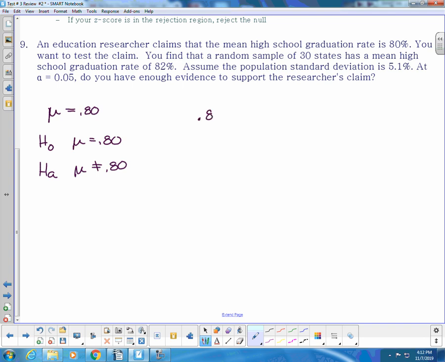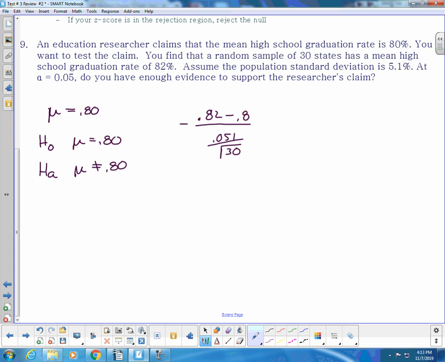So 0.82 minus 0.8. So it's always the sample mean minus the hypothesized mean, so what your claim is, divided by the standard deviation, divided by the square root of the sample size.